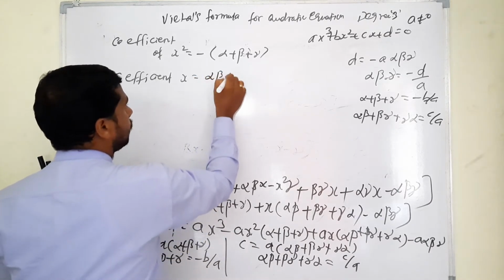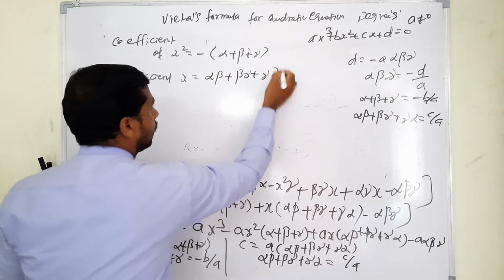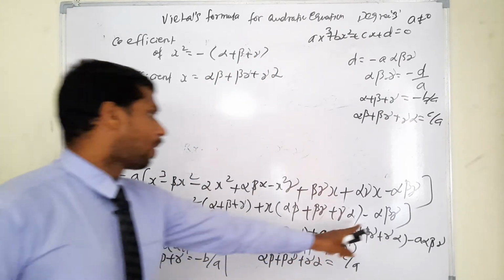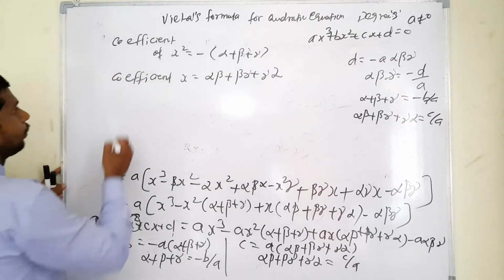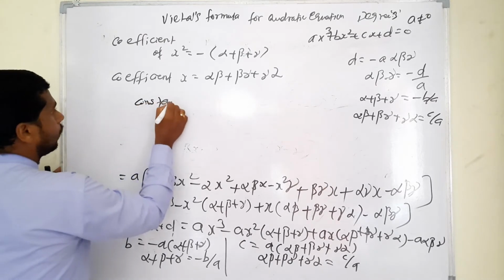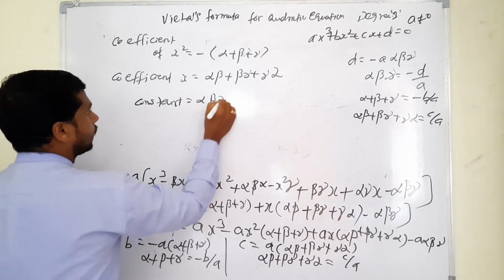That is alpha beta, then beta gamma, then gamma alpha. The last one, the constant, is equal to minus alpha beta gamma.